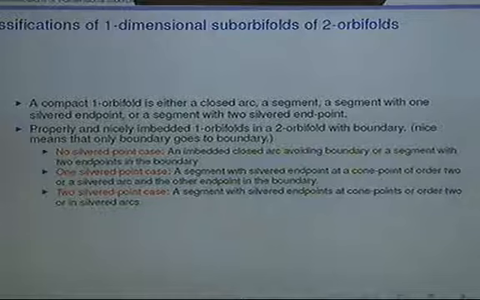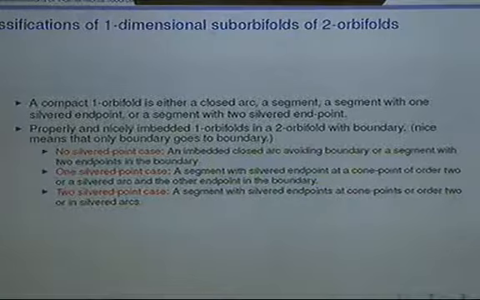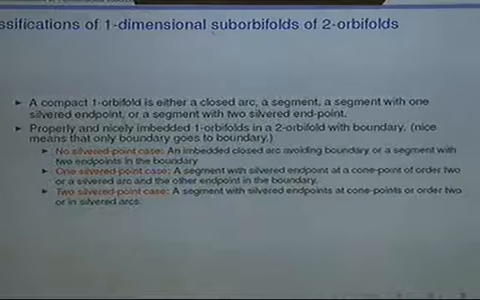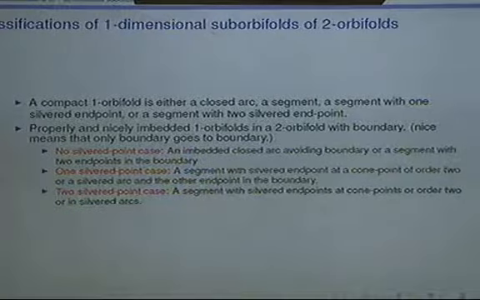So let's say this point is singular, then this part has to be silver, or if you have this, then this has to end at a cone point of order 2. So that's the only way it's going to embed in the orbifold sense. And in the two silver case, you end up in two cone points of order 2 or in some silver part. So that's the only way you can embed these things.